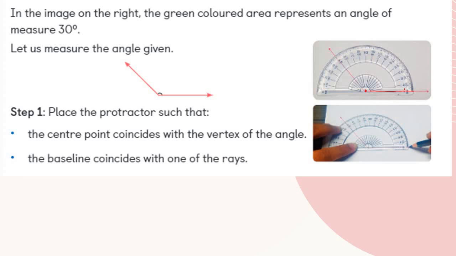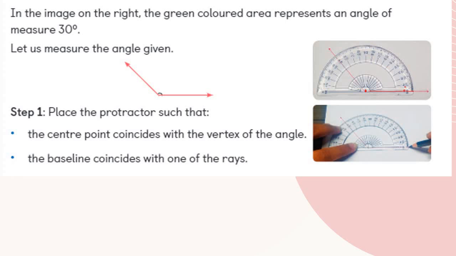Look at the 0 of the inner circle, which is in the direction of the ray. Step 3. Start reading from 0 as 10, 20, 30 and so on until you reach the reading where the other ray coincides with the line of the inner scale.